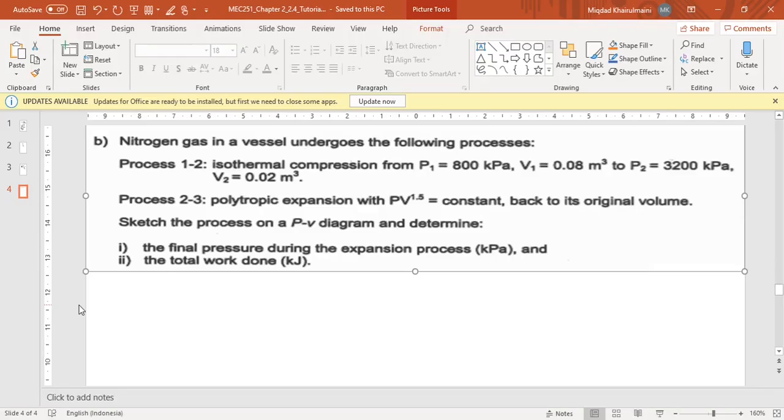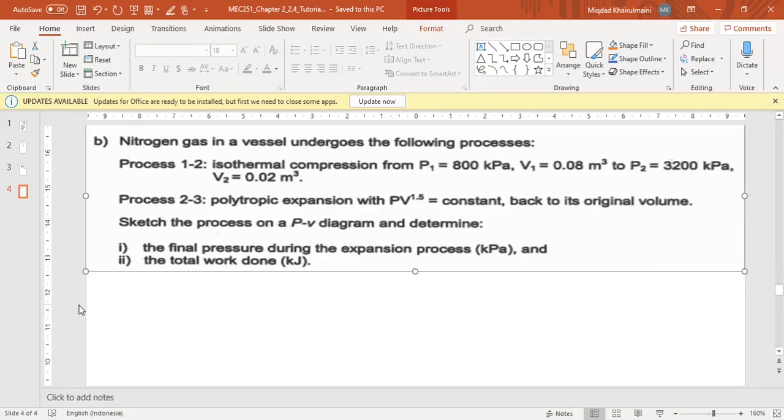But first, the question asks us to determine, number 1, the final pressure during the expansion process. The expansion process here occurs in the second process, process 2 to 3. So it wants us to find the pressure at state 3.